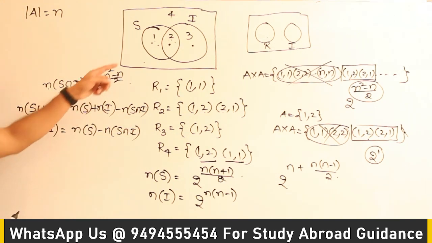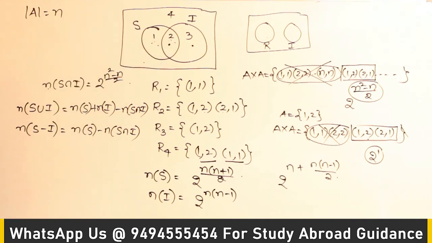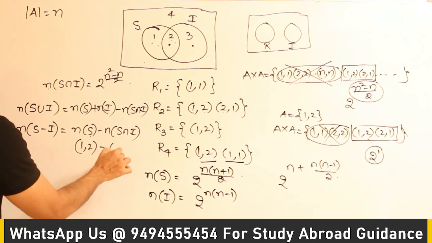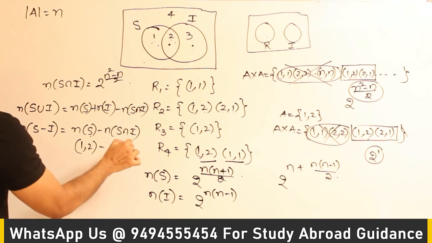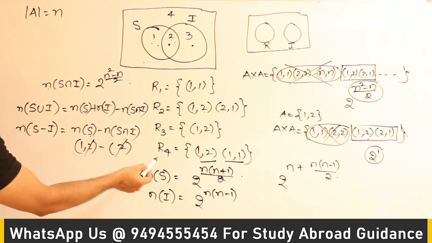If you want region 1, you take region S, which means 1 and 2, and from that you subtract 2. That is why we got n of S, which means 1, 2. If you are not understanding it, you can write this in numbers in these areas and you will understand it. See, n of S is 1, 2, minus n of (S intersection I) is 2. So if you subtract it, you are going to get 1. Got it? And other kinds of questions: just directly substitute these values.